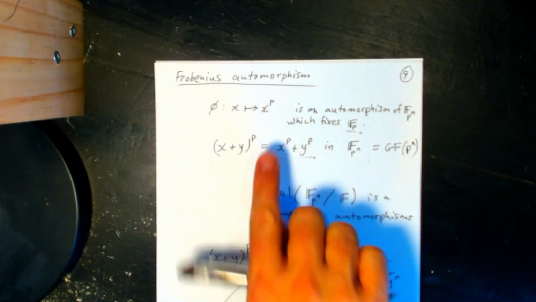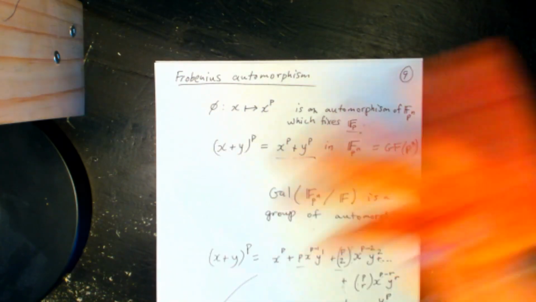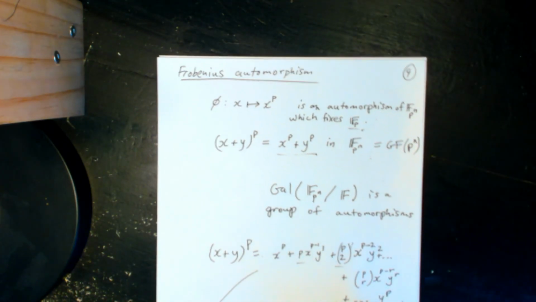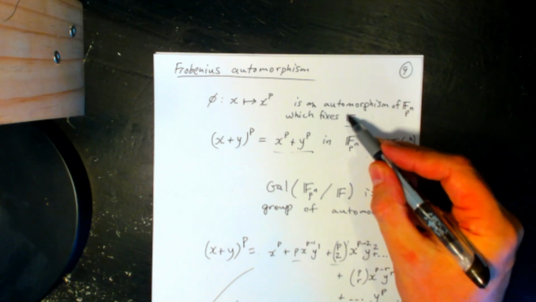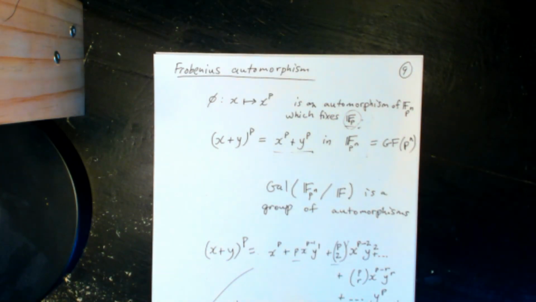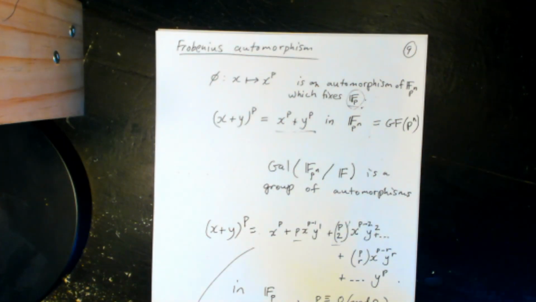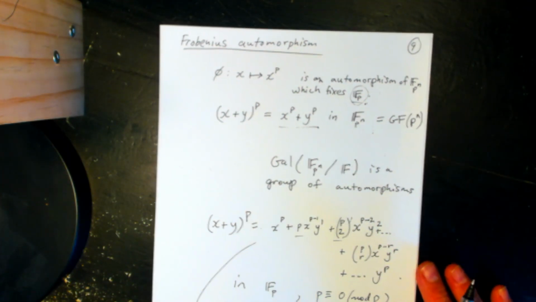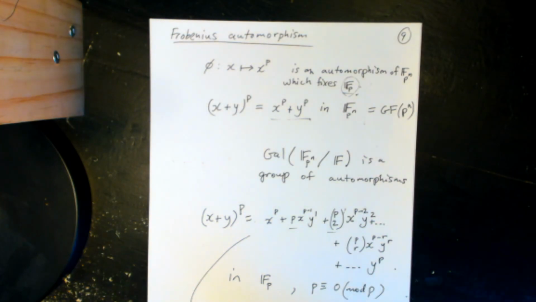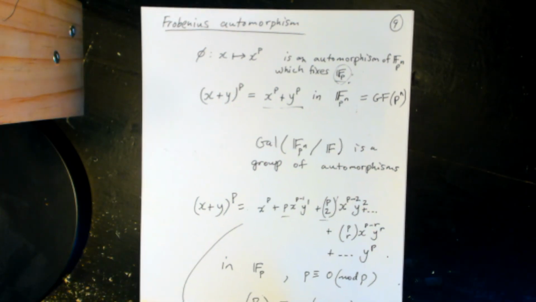Okay, and this makes this an automorphism that leaves the underlying field fixed. Okay, and so you can draw towers of fields, and there is a Galois correspondence here for finite fields also.